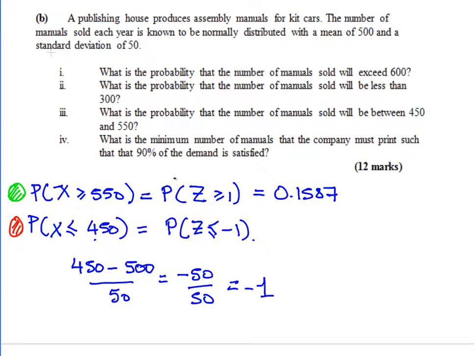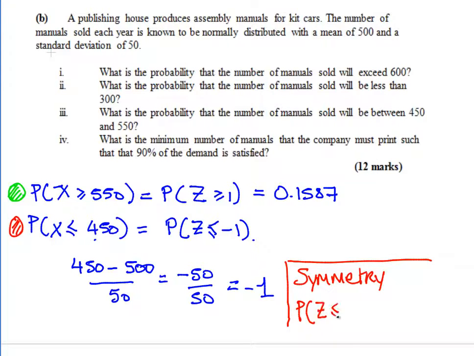Now, if you recall the symmetry rule from earlier on, a very important rule here, the symmetry rule states that for some constant value a, the probability of z less than or equal to minus a is equal to the probability of z greater than or equal to a.